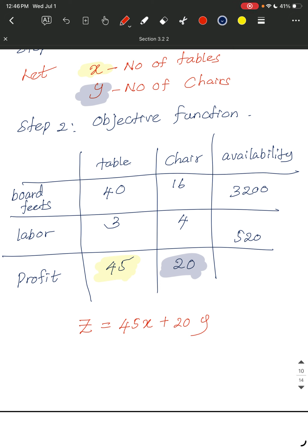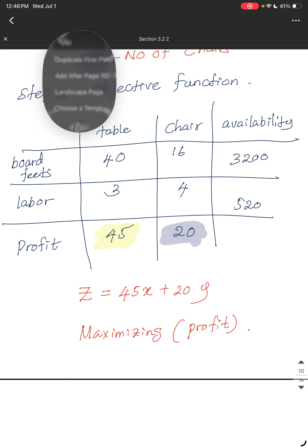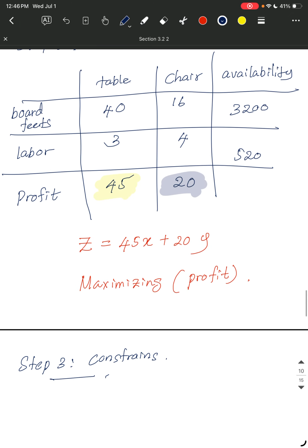Okay, so are we maximizing or minimizing? Maximizing profit. Okay, step 3, write down the constraints. The easiest way to write down the constraints is to use this two-way table.